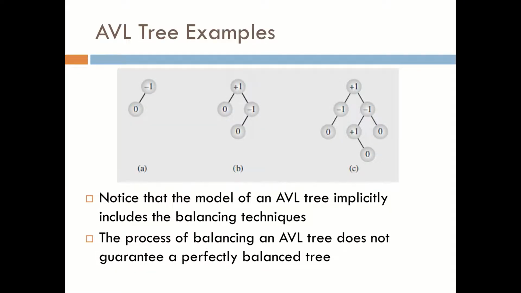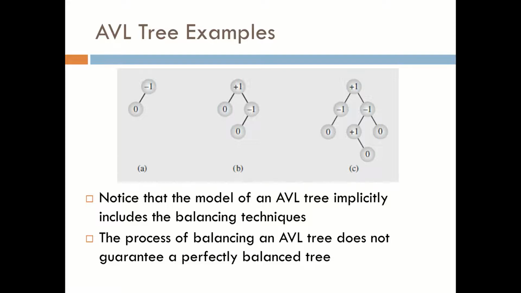So here's an AVL tree example. We're basically going to take a tree that begins as shown in A, and then we're going to rebalance it by performing some rotations.